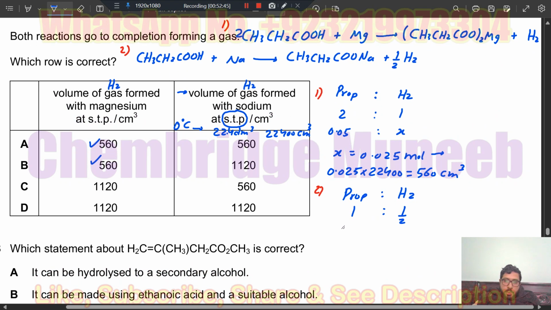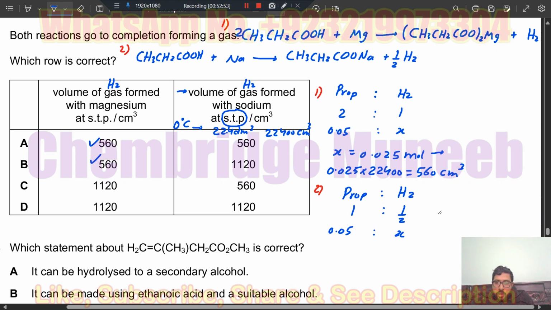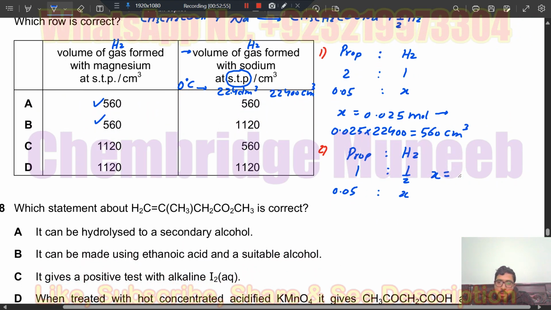And the calculated value of propanoic acid is again 0.05 ratio X. So X will be equal to 0.05 divided by 2, the same calculation here, 0.025 mole, and it will again produce the same volume of gas, because 0.025 into 22,400 gives the same 560 cm cube value.